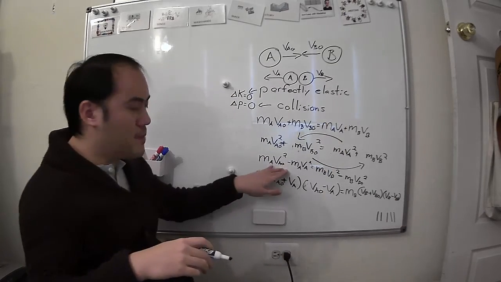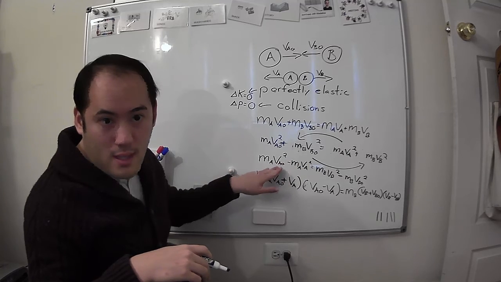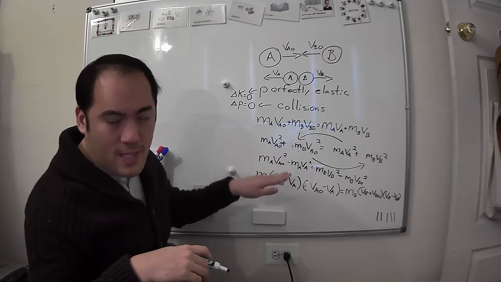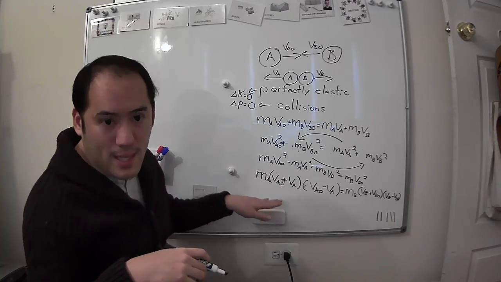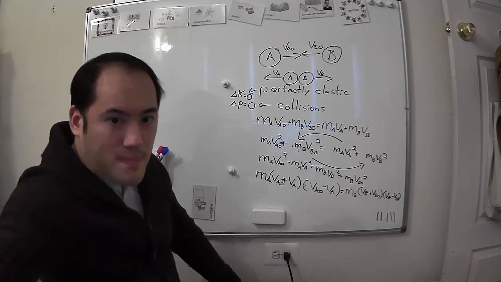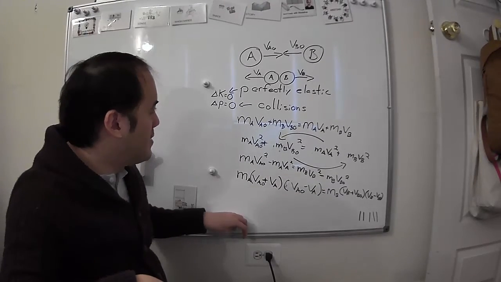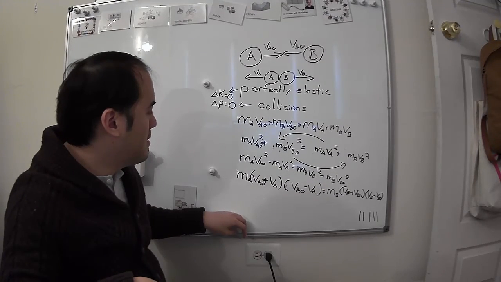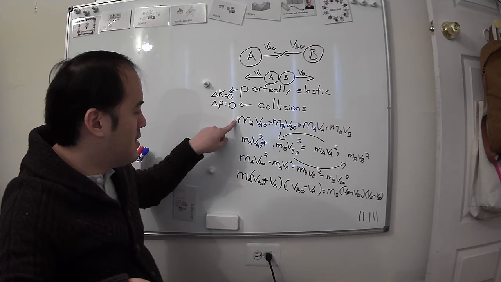Okay, I separated these. That's the difference of squares. You guys know, a squared minus b squared is a plus b times a minus b. I did all that. And take this and rearrange it.